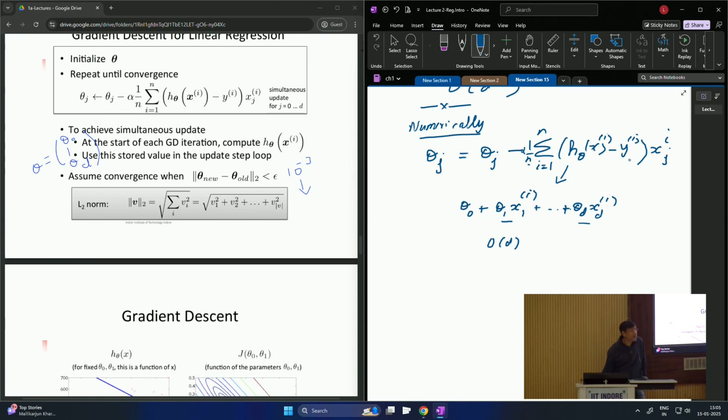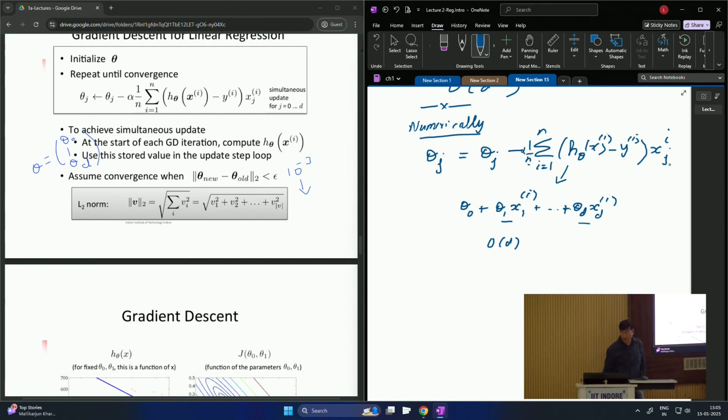Subtracting yi, what's the complexity of that? Just one. You're just doing one subtraction. This is a scalar, no? You're subtracting another scalar. You're doing one subtraction. You're multiplying xji. You're doing one more multiplication. I'm being more pedantic because of the non-CS people, because you don't do this every day.